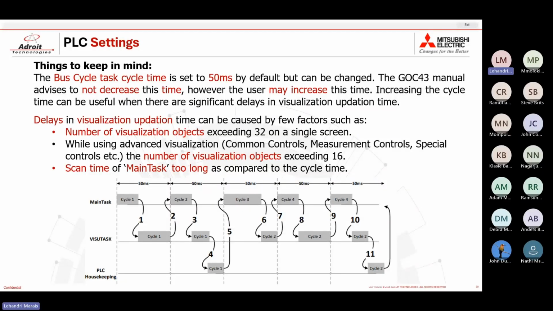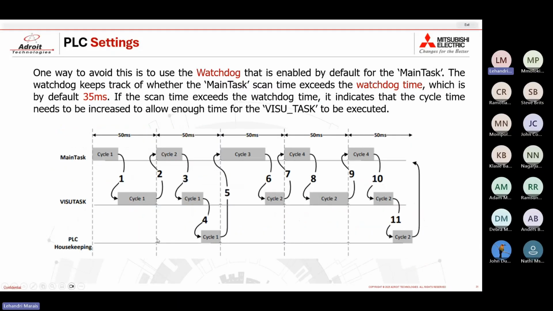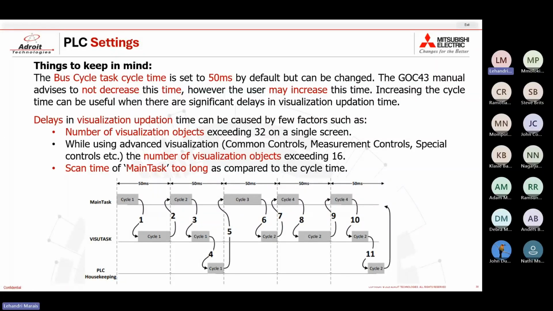But the main point we want to focus on today is that it might be that the scan time of your main task is too long compared to your cycle time. In better words, the amount of time that the PLC logic is being executed in this 50 millisecond window is too large, and therefore is not leaving enough time for your visual task to be executed. If this is the case, you might experience some lagginess in your visualizations.